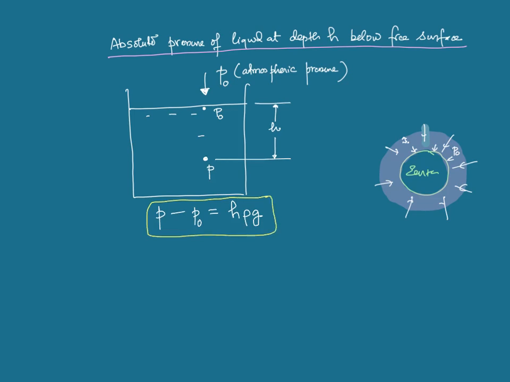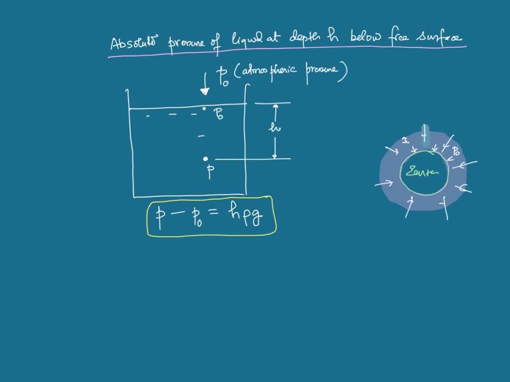Now, atmospheric pressure is the pressure outside the liquid surface. So why inside the liquid surface will it be the same as P naught? Because we have derived the formula for difference in pressure between 2 points inside a liquid. So the 2 points: this one is inside the liquid, having pressure P, and this point just beneath the free surface is also having P naught.